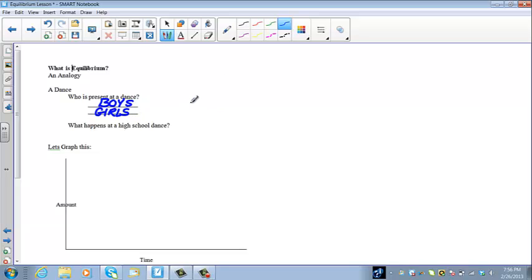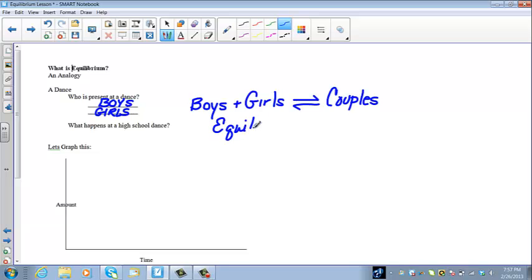So what usually happens is that sometimes boys and girls make couples, and couples can also break up. And you have boys and girls. So in this very generic sense, this represents an equilibrium relationship.